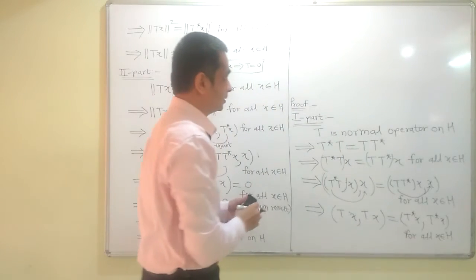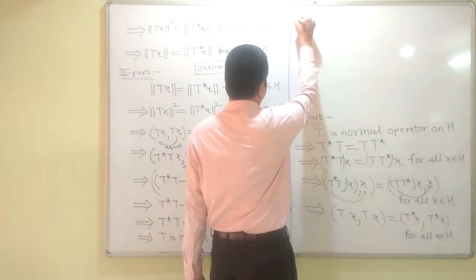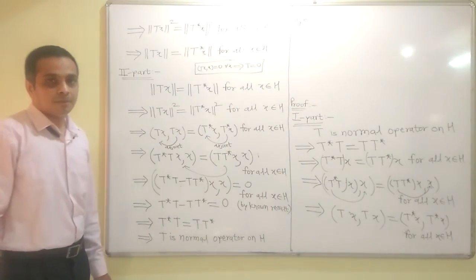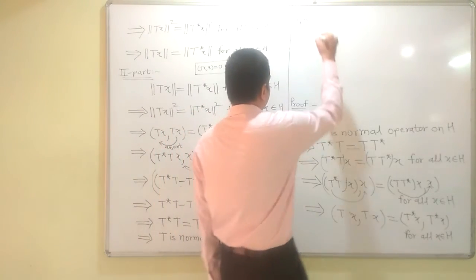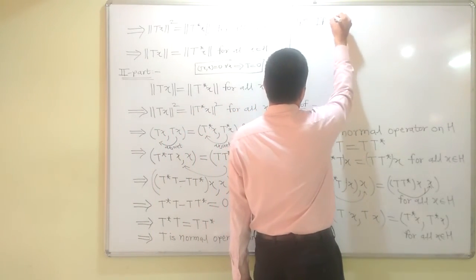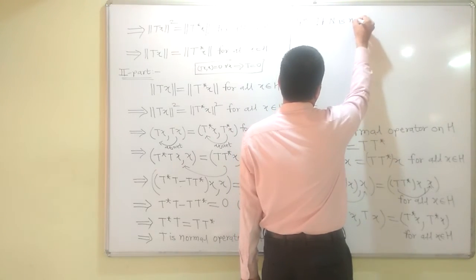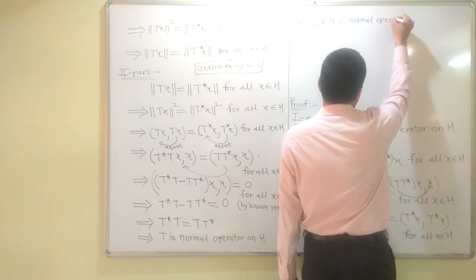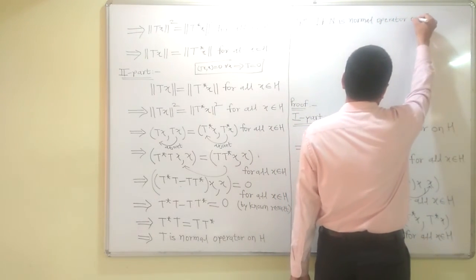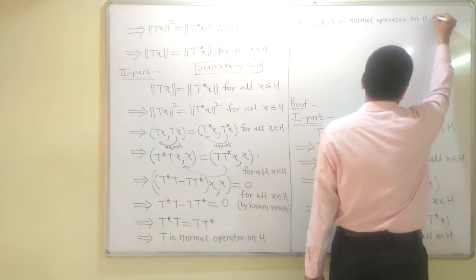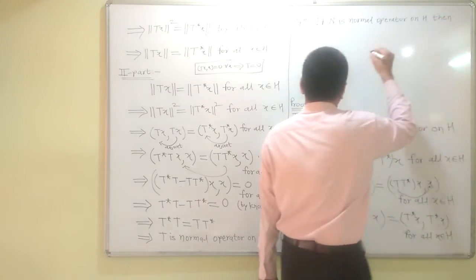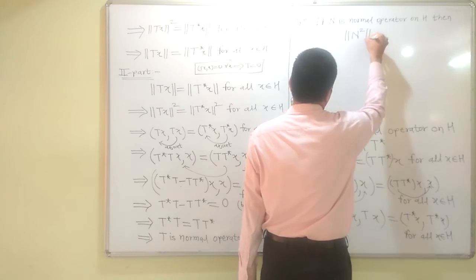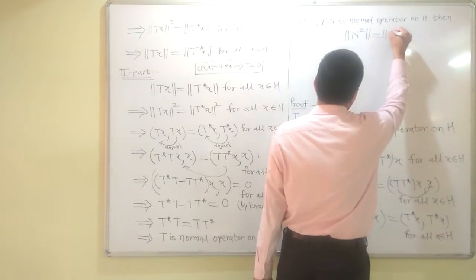So the result is this: if N is a normal operator on H, then norm of N² equals norm of N squared.